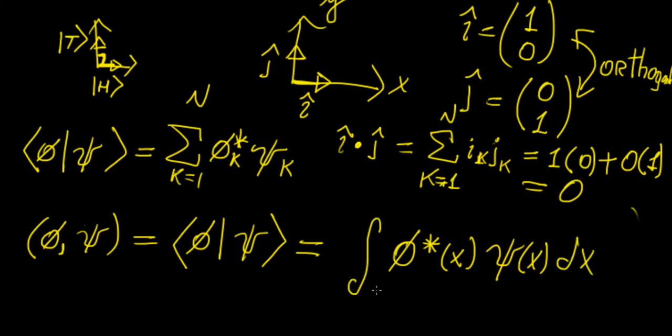So the inner product is in essence just the integral of the two functions, taking into account that because this is a bra, we're taking the complex conjugate of that function. And this is obviously going to go from minus infinity to plus infinity because we want to take the full sum of these two functions. So this is how we would define the inner product of two arbitrary functions in mathematics.